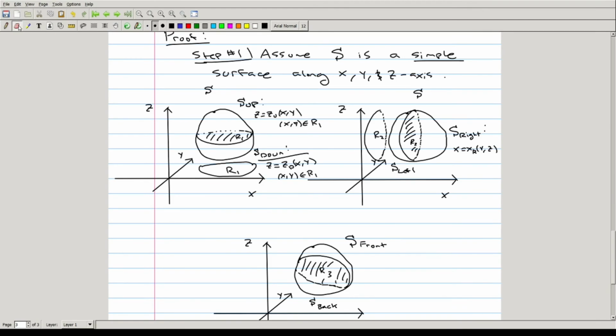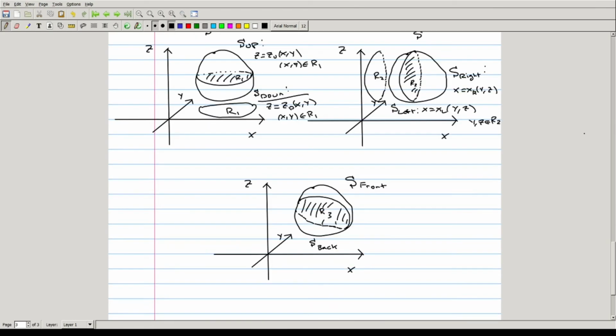And likewise, S left, so the left side of the closed surface S, can be described as a function x is equal to x_L of y and z. And this is for y and z in this region R2, which is the projection of R onto the zy plane. So here y and z are in R2.